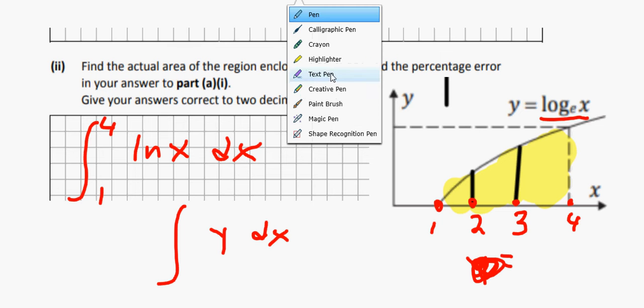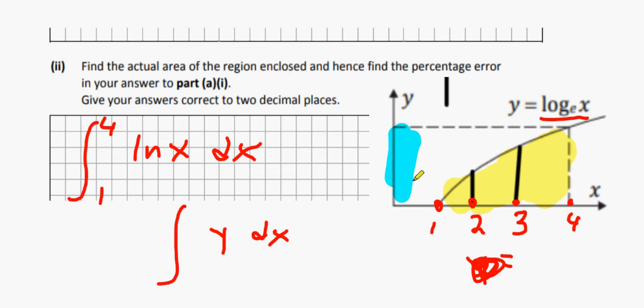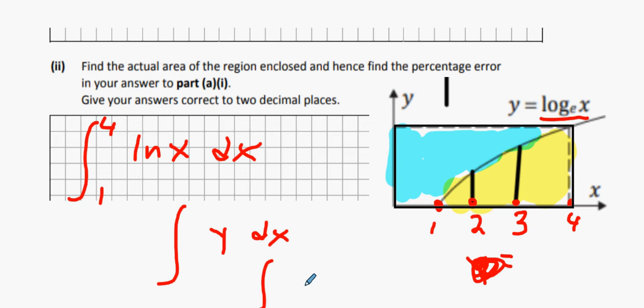You could get the area of the blue region instead, and get the area of the rectangle. Get the area of the rectangle and take away the blue region, and you're in business, right?